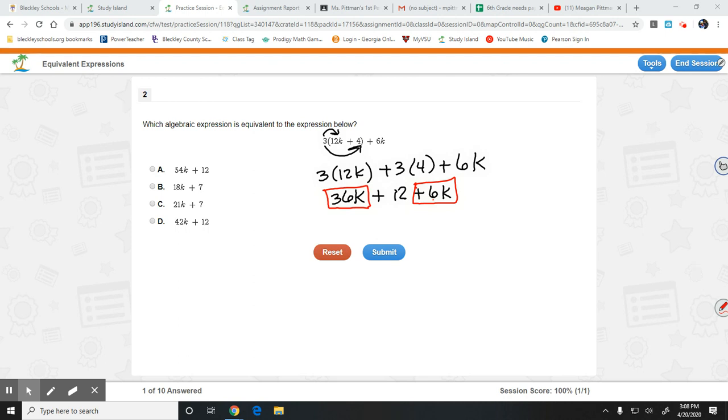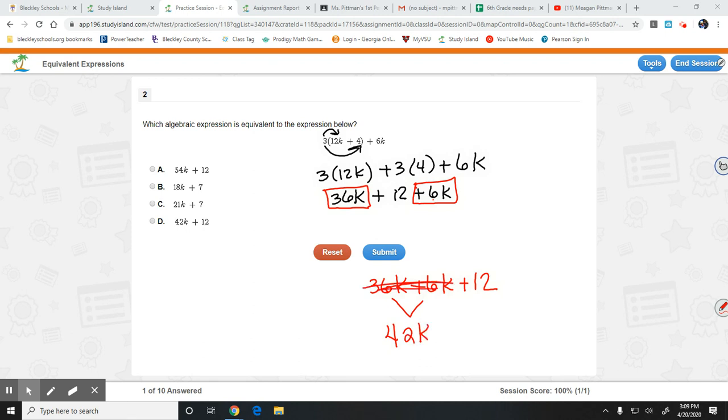Using the commutative property, we're going to rearrange it to where we have 36k plus 6k plus 12. 36 plus 6 is going to give me 42k.